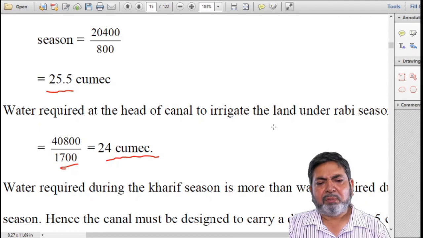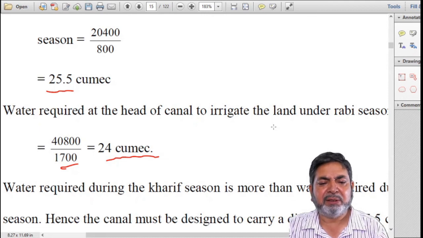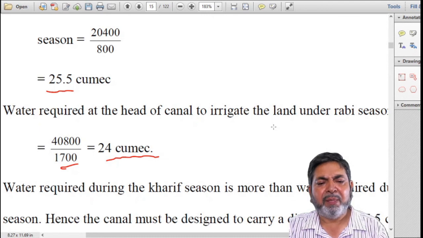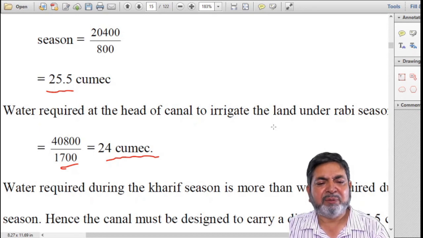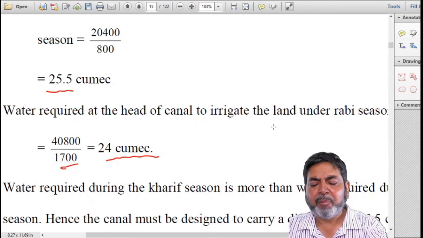So you have to take the maximum of these two values, because these are two separate seasons, and the water requirement will be for Kharif season, that will be 25.5, and for Rabi season this will be 24. So we have to design the canal on the basis of maximum discharge. You should keep this point in your mind.